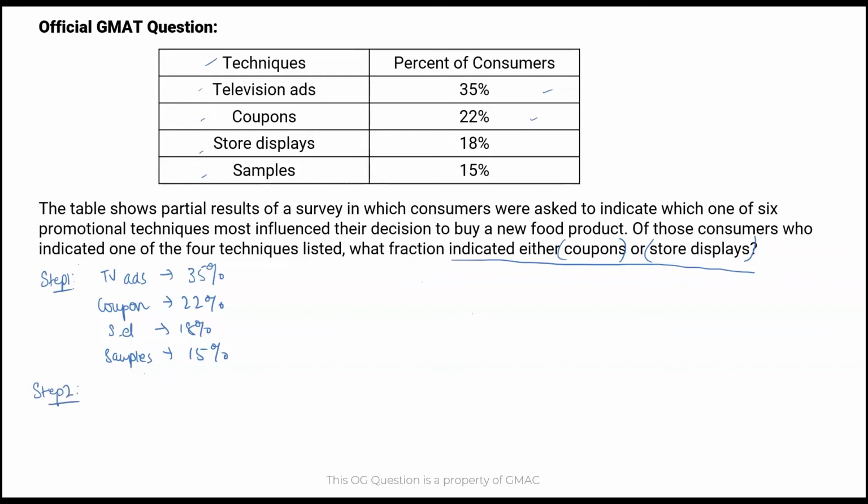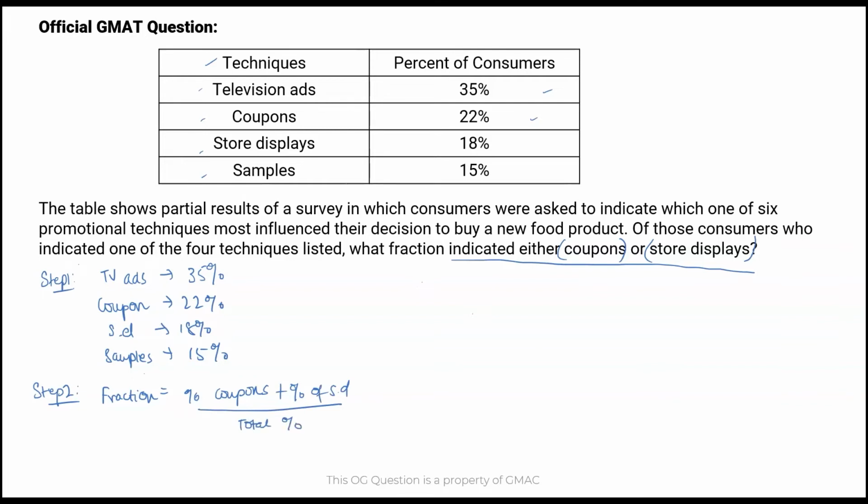So when we find out fraction, find it as a part of whole. So here we can write fraction is equal to the percentage of coupons plus the percentage of store displays divided by total percentage.